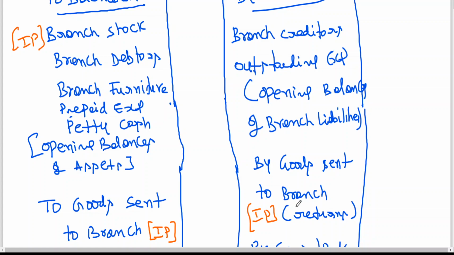The goods sent to branch, debit side, loading on credit side. Goods returned, credit side, loading on debit side. For adjustment of load on goods returned, branch account debit to goods sent to branch.